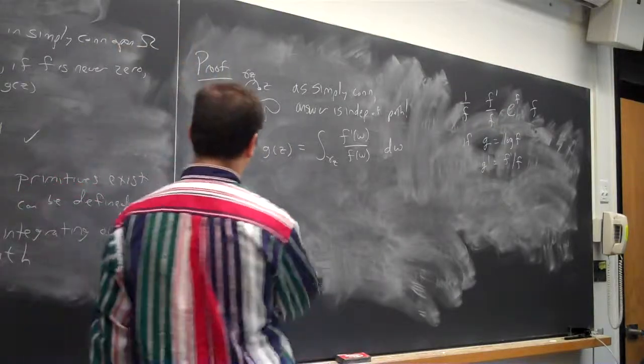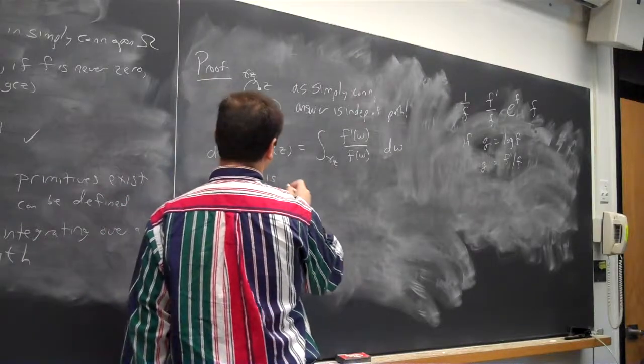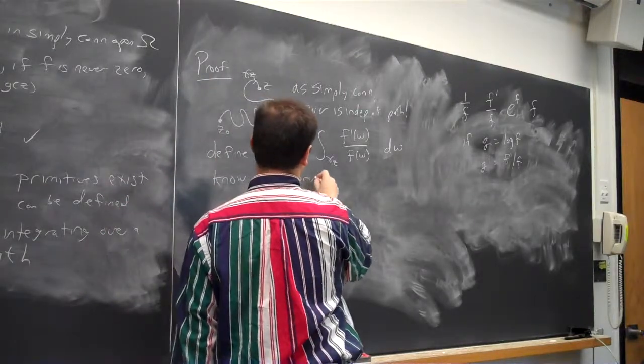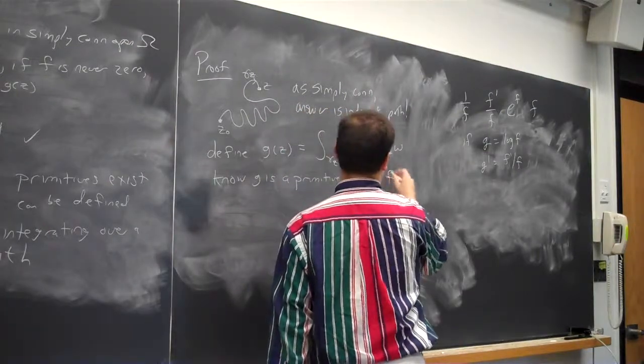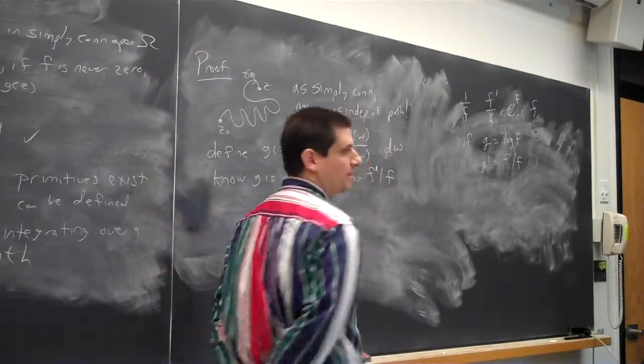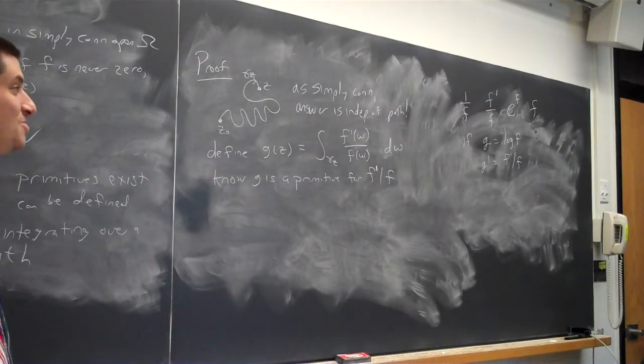All right, now we know g is a primitive for f prime over f. So it's now a question of, can you unravel a definition? If g is the primitive for f prime over f, what's the derivative of g?